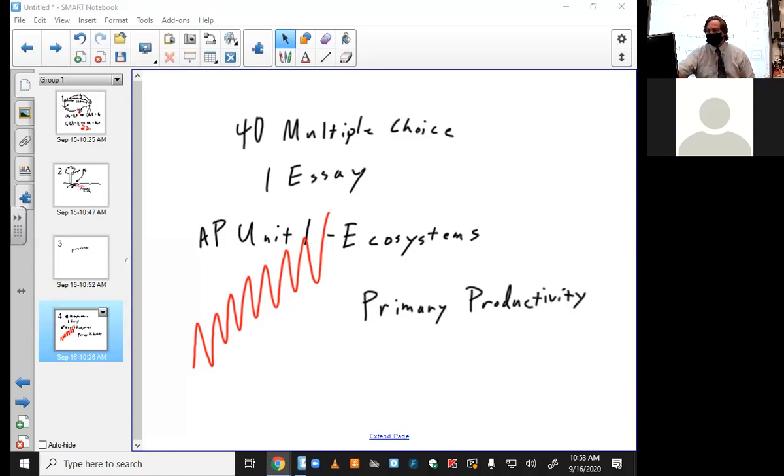I got a couple questions about zones, when it comes to the intertidal zone, where the water gets deeper. Pretty straightforward questions, I think. If you're in the water and you want to go to a place with the greatest biodiversity, I already mentioned the coral reefs, but that's not on this question.